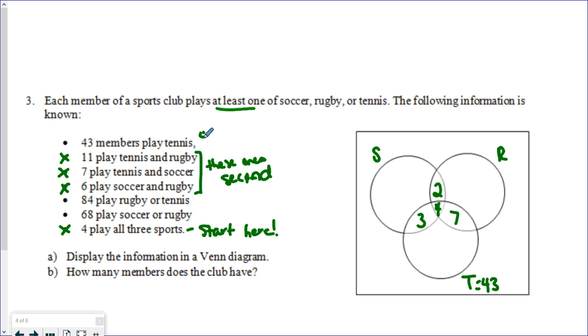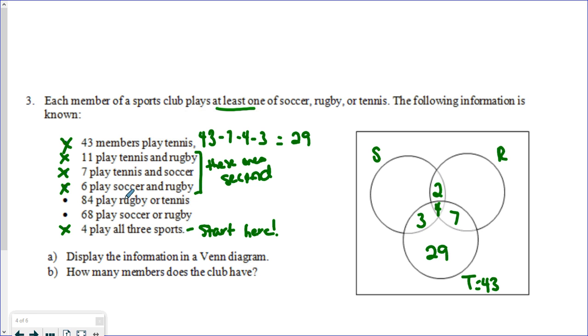So if I subtract those intersections, we can get the individuals that play only tennis. So 43 subtract 7, subtract 4, subtract 3 is equal to 29. So there are 29 individuals at the sports club that play only tennis. So now we've done this one.